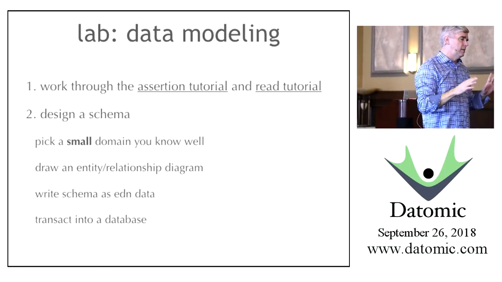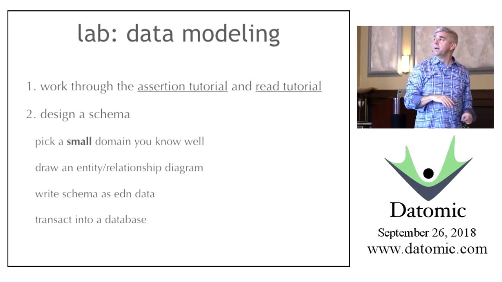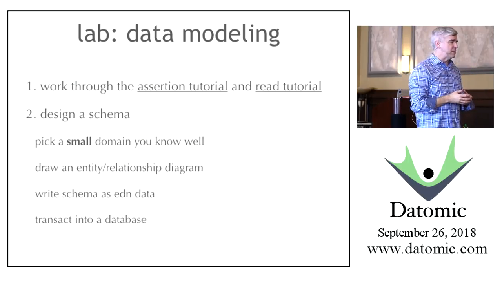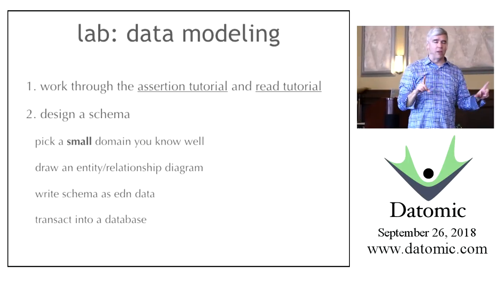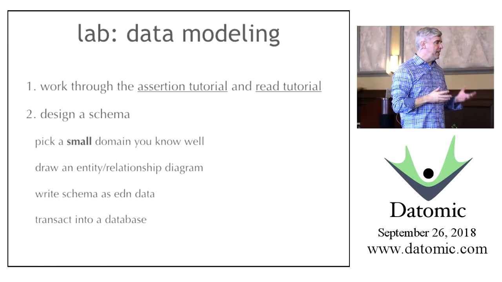I would say if you're doing more than 15 or 20 attributes or more than 3 or 4 different entities, way too big. And then describe that in the most concise, effective way you can. Draw a tiny diagram showing how the pieces fit together. And then write a schema for that in EDN and transact it into a database. And of course, if you finish all that and you have time, rock on, start making some data in your sample world.